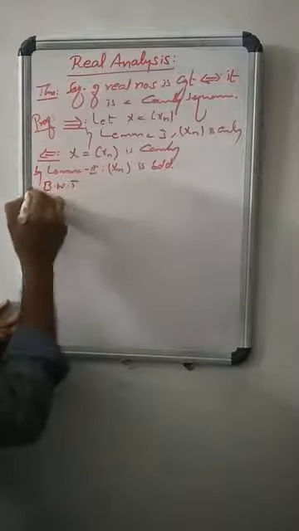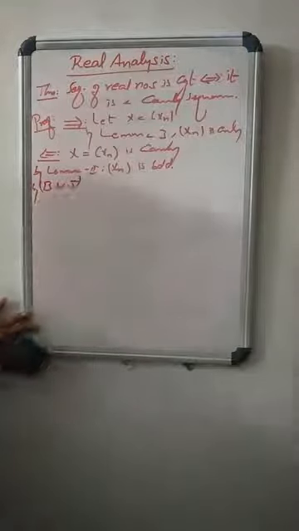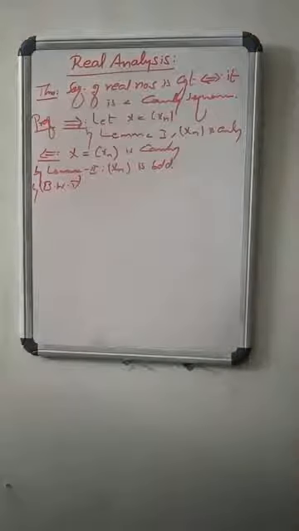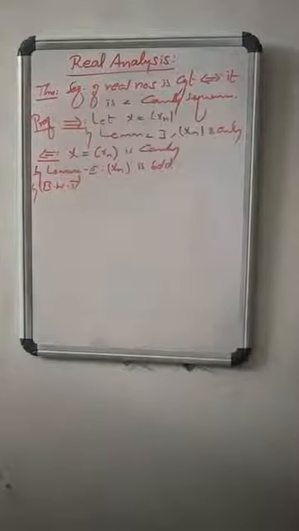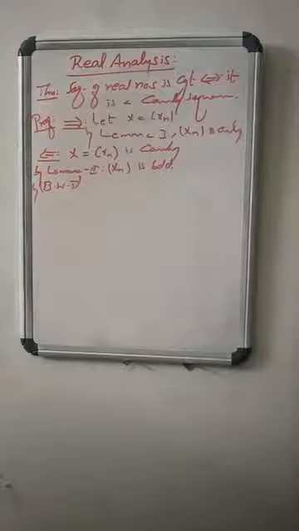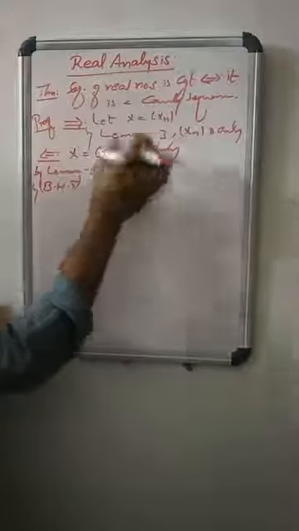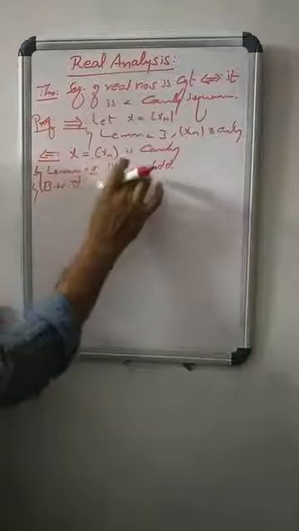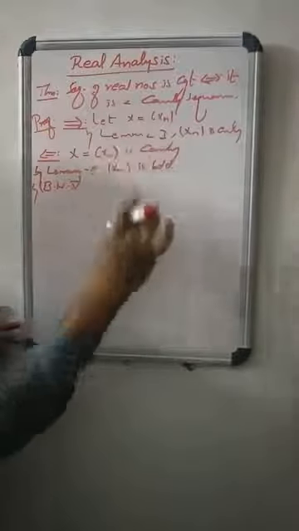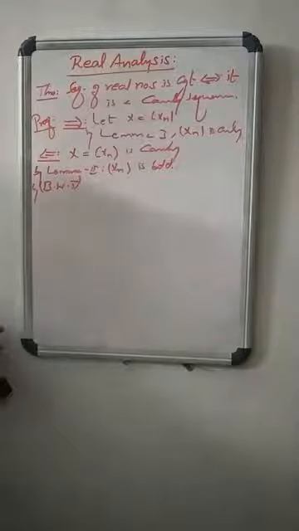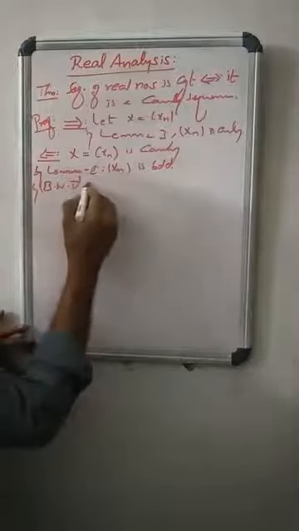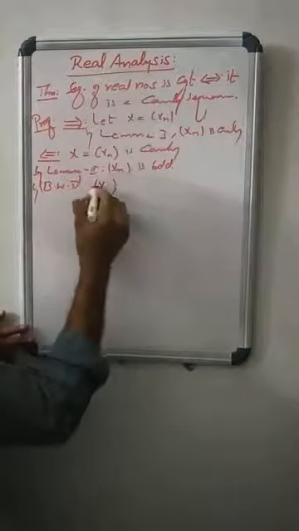Since (xn) is bounded, by the Bolzano-Weierstrass theorem, which states that every bounded sequence of real numbers has a convergent subsequence, (xn) has a convergent subsequence.